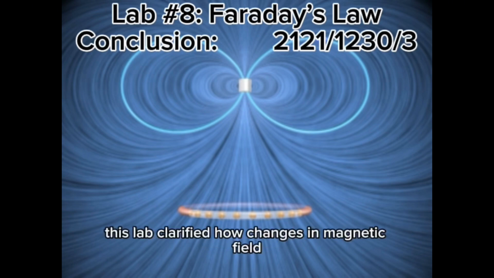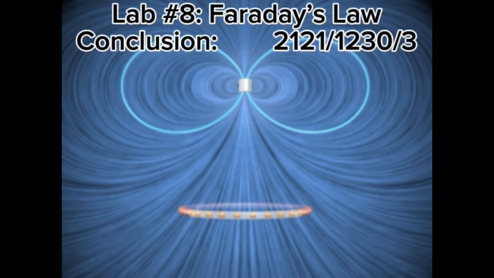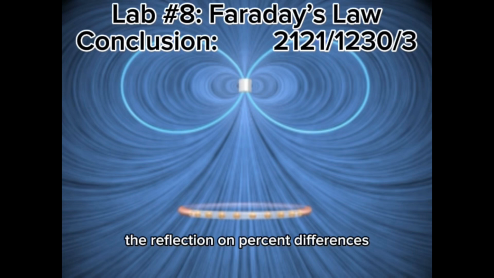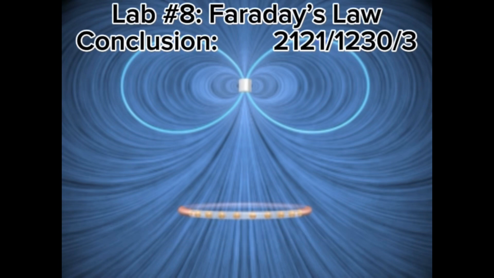Overall, this lab clarified how changes in magnetic field magnitude and changes in motion influence induced EMF. The reflection on percent differences, ratios, and variable manipulation strengthened our understanding of Faraday's law and experimental design.